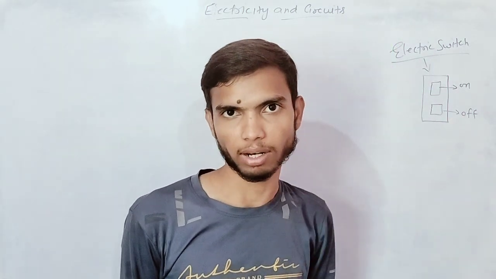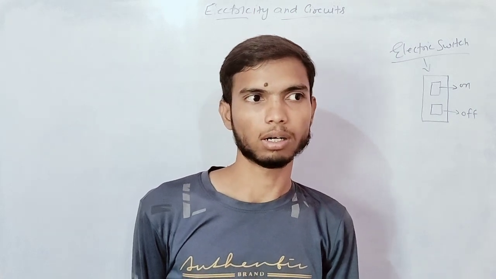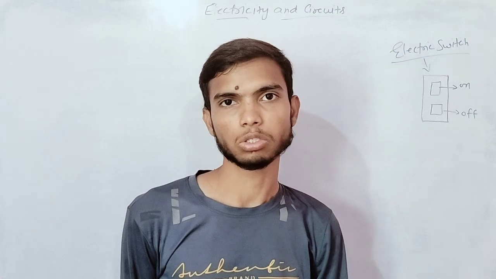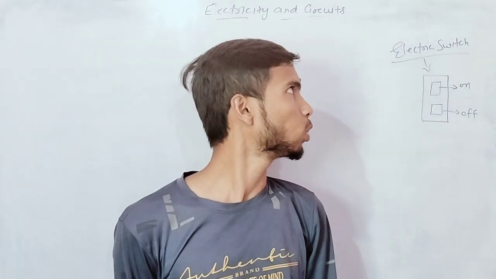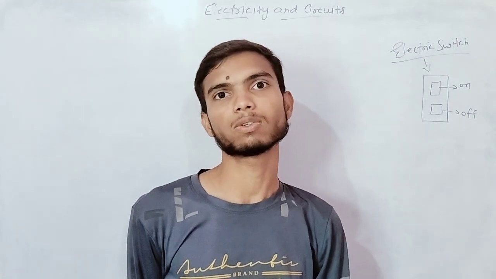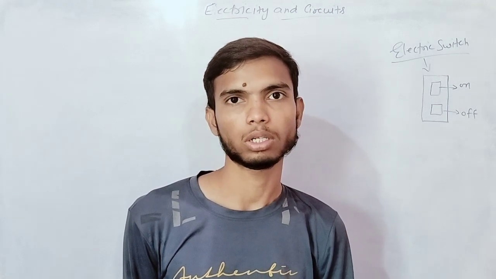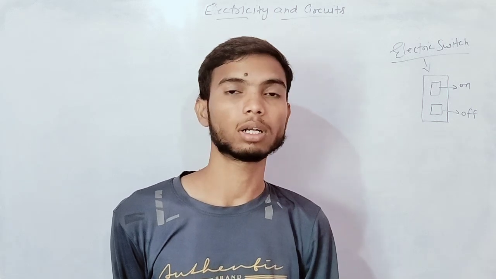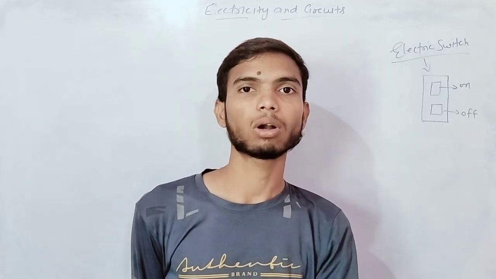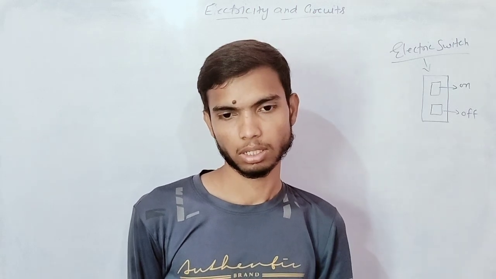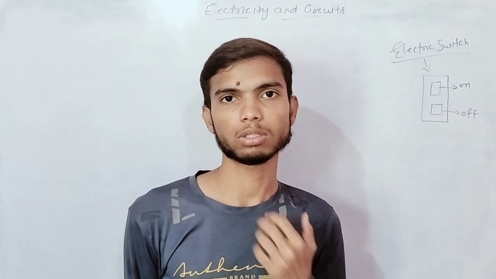Conductor, insulator. You will understand in this slide. Look, the work of an electric switch is to save us, to save living things. It protects us. This is the work of this electric switch.